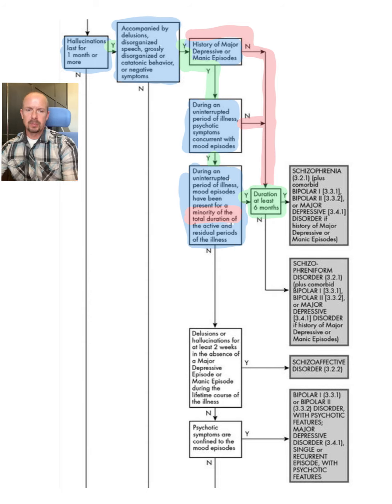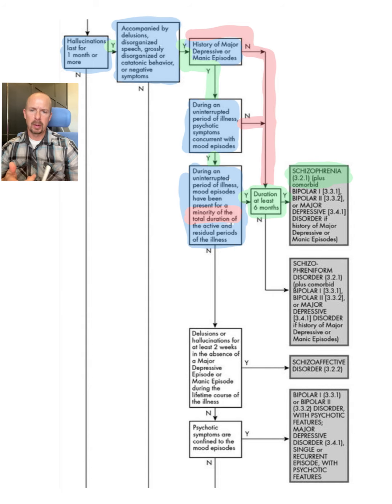If indeed it's been 6 months, the person hasn't had a history of major depressive or manic episodes, those episodes were not concurrent with the psychotic symptoms, and the mood periods were a very small minority of the total duration, then the likely diagnosis at that point would be schizophrenia.